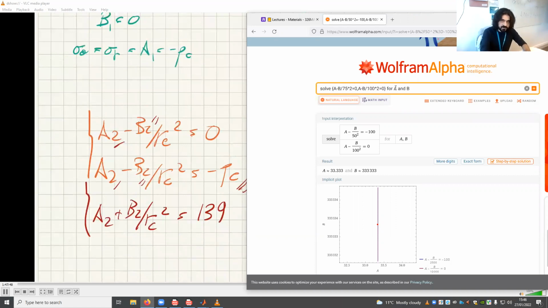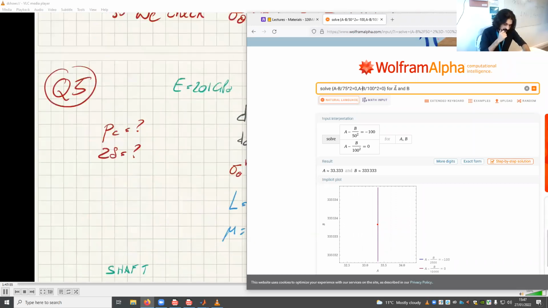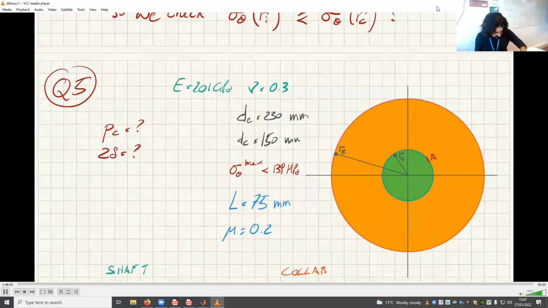A minus B over RE. RE is 115, since the diameter is 230. Let me show you. So RE is 115. Agreed? And this means that RC is 75.